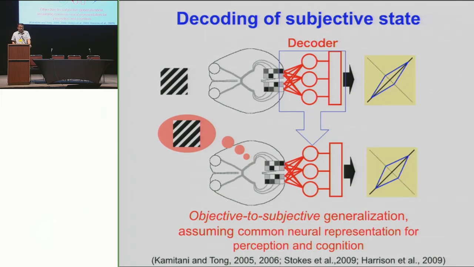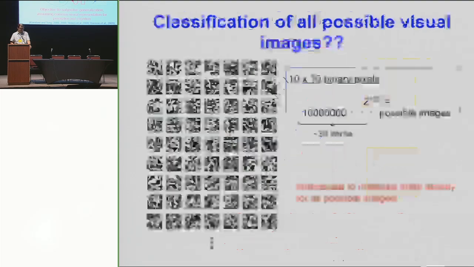But whenever you have some more objective condition, I recommend using that condition for training the decoder, because in theory, we cannot know the subject's mind. So if we train the decoder in a subjective condition, the interpretation would become more ambiguous.